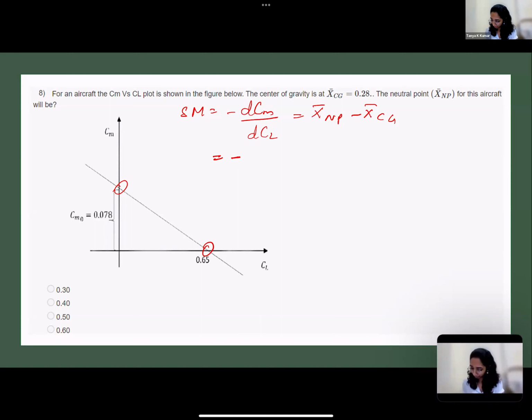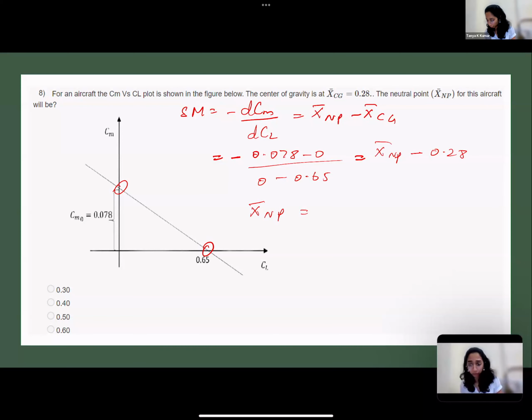It's 0.078 minus 0 by 0 minus 0.65. That is x bar NP minus x bar CG, which is 0.28. So what is x bar NP? Just calculating, let me know, 0.12. Okay, what was 0.12? The slope, yes. So it will be 0.12 plus 0.28, which is 0.4.